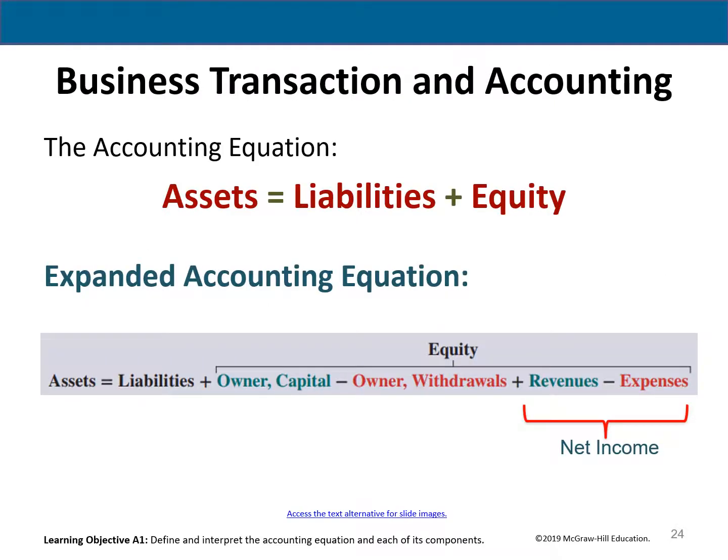So here's our accounting equation. Assets equal liabilities plus equity. Now, the types of businesses we'll be working on in the semester are sole proprietorships. And the first type of sole proprietorship we'll be working on is a service business, meaning they provide a service to make money.